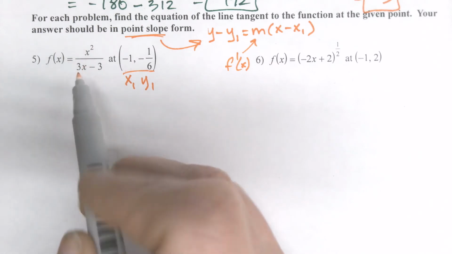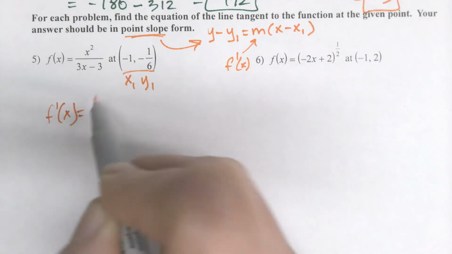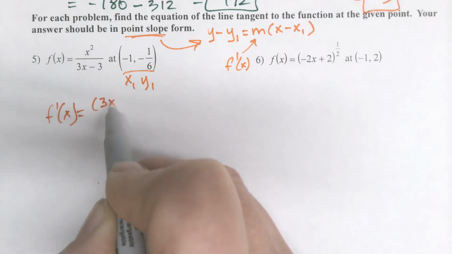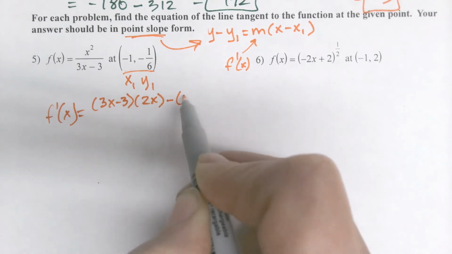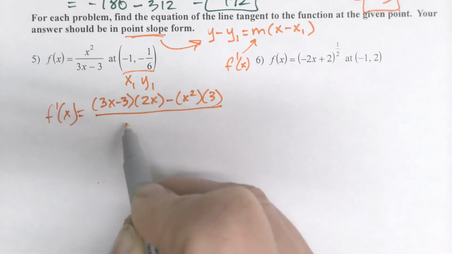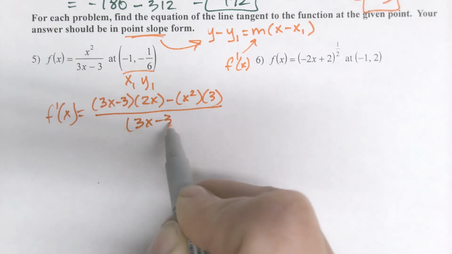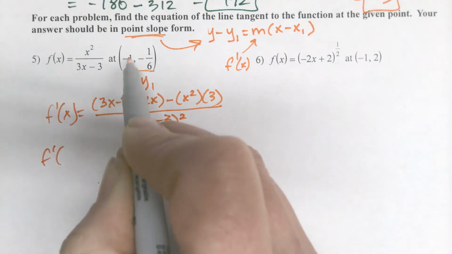So I'm just going to go ahead and do the quotient rule on this one. f prime of x is low d high minus high d low over low low. And I'm going to find the derivative at that x value.